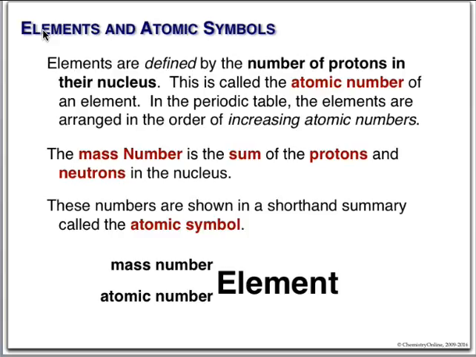Now remember, the mass number was the number of protons plus neutrons, because those 2 together define the mass of the particular atom. Atomic number, again, is simply the number of protons. So you subtract those 2, you get the number of neutrons. If it's neutral, the number of protons, that's the atomic number, will equal the number of electrons.